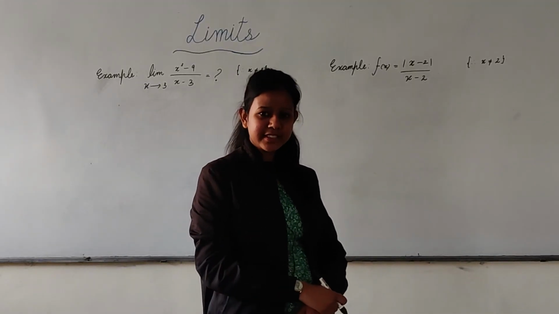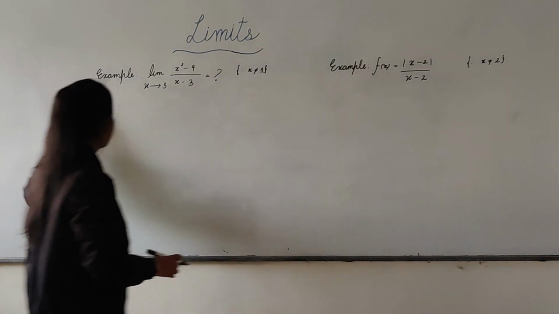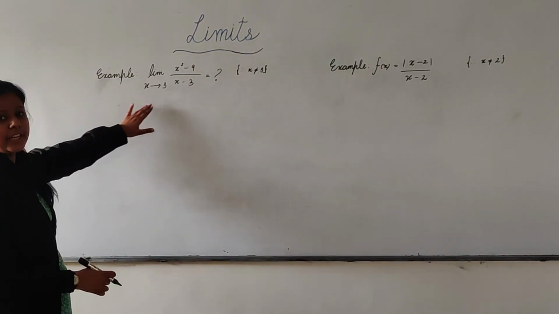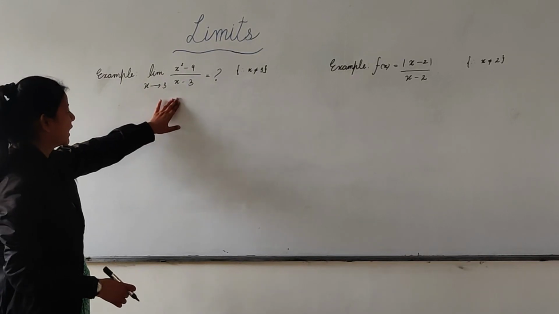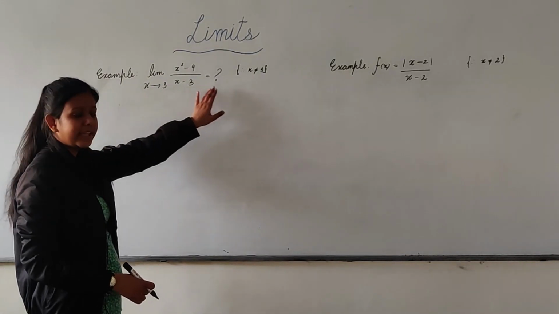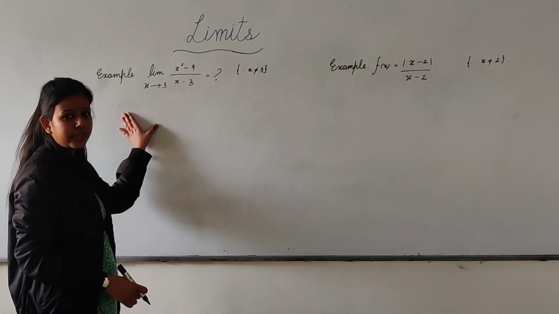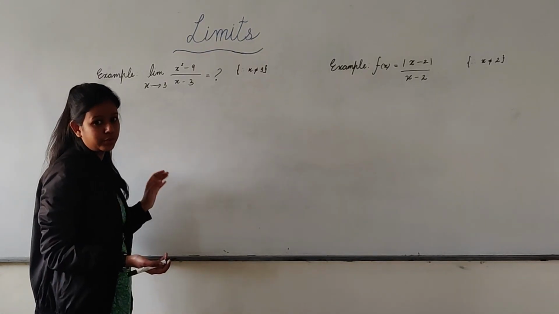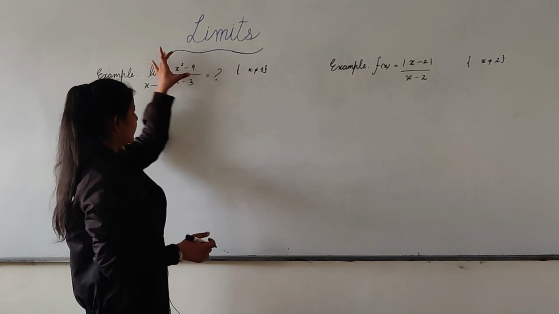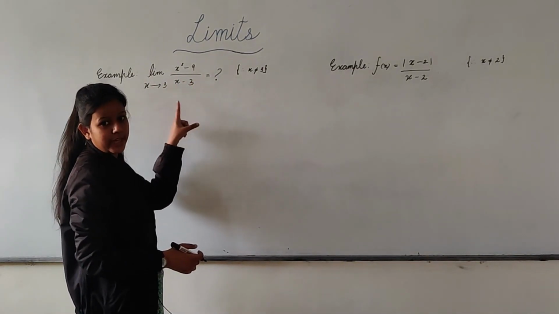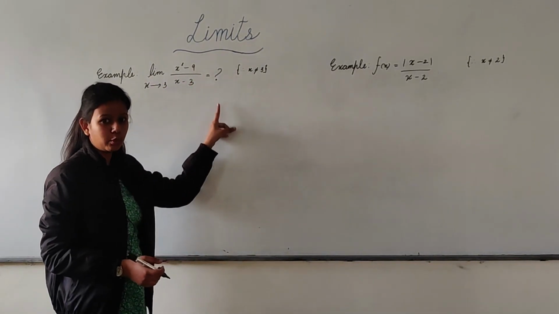Now we check some examples. Limit x tending to 3 of (x square minus 9) upon (x minus 3) tends to what? We have to calculate, as x approaches 3, what will be the function. This (x square minus 9) upon (x minus 3) will be tending to what?